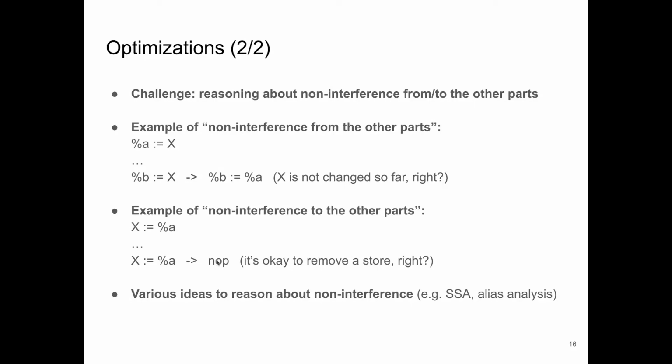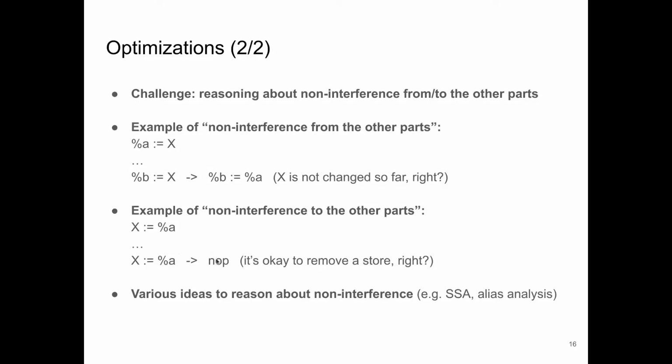You may want to do this, but you have to make sure that in between, X is not stored once again. If X is stored with another value in between these two stores, then this transformation will change the final content of X. For example, in the program before optimization, the X value should be A after this code.